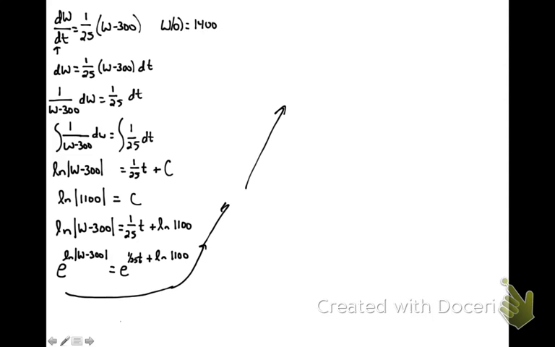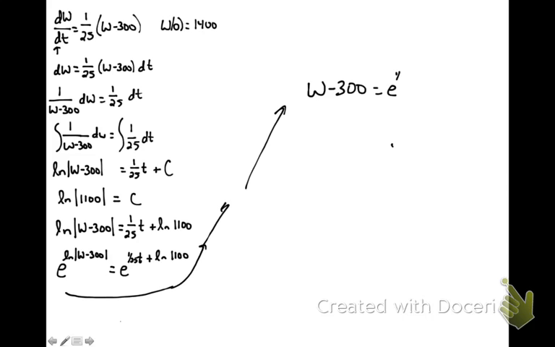On the left-hand side, e to a natural log of something is always the argument. W minus 300 is called the argument. So the left-hand side just becomes w minus 300. On the right-hand side, what we need to consider is just the exponent properties. When I'm adding exponents, that comes from multiplying things with the same base.